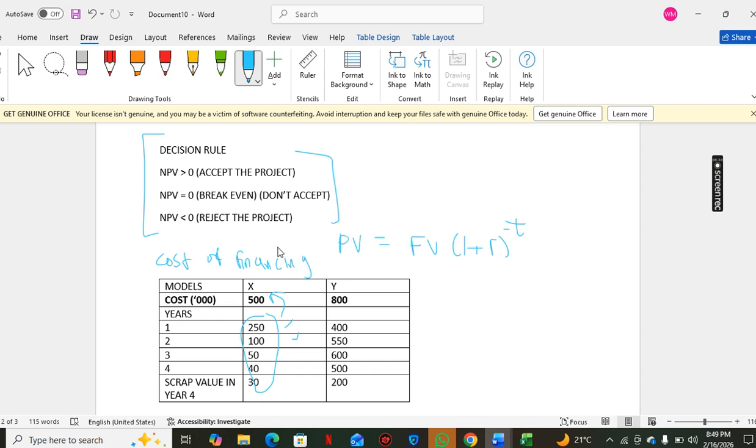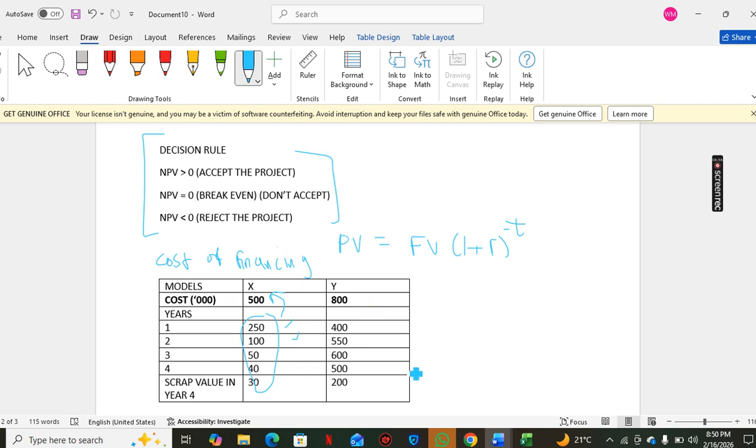Now, that financing is not going to be for free. There's going to be a cost attached to it. So if you get financing through debt, the cost is that interest payment, the cost of borrowing. If you get financing through equity, then your cost is going to be that dividend you'll be paying.